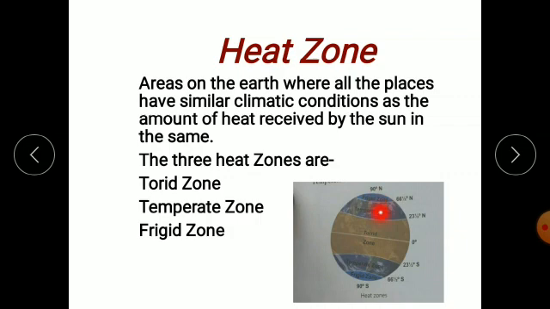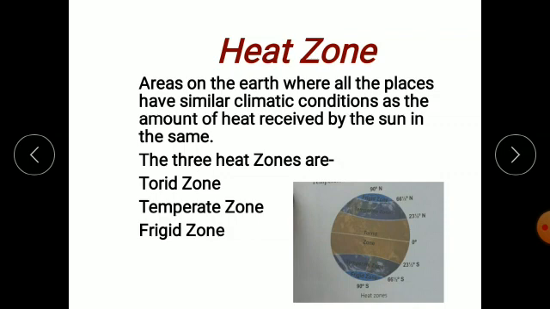One is here, this one, and one is here. Here, the sun's rays are always slanting and it is neither too hot nor too cold.